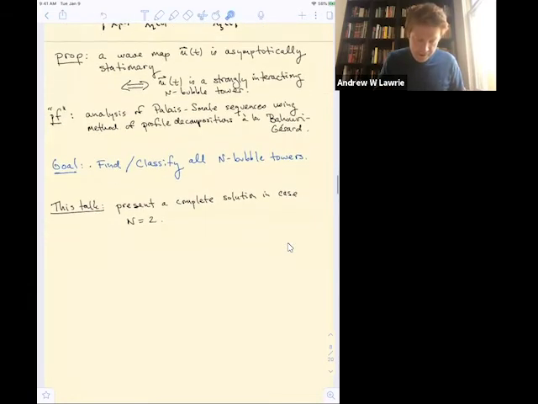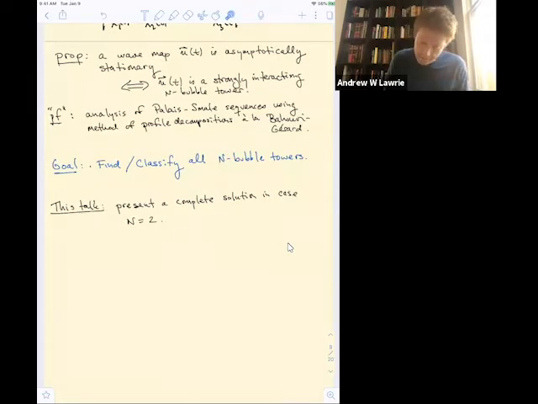Just to clarify why I've started talking about asymptotically stationary solutions. It turns out it's not so hard to show that a wave map is asymptotically stationary, so it has vanishing kinetic energy, if and only if it's such a strongly interacting bubble tower.